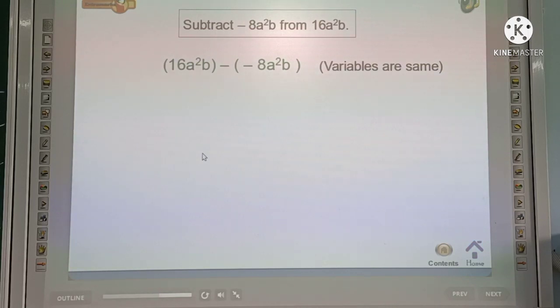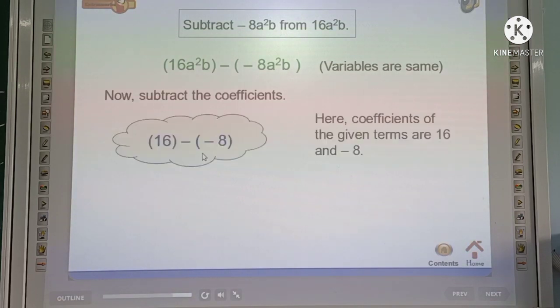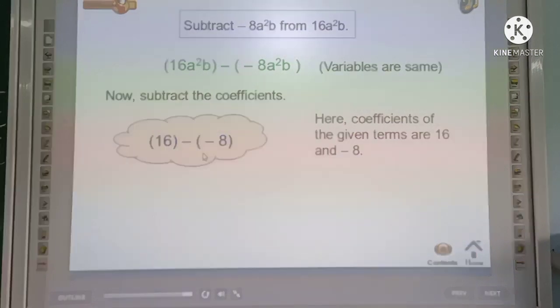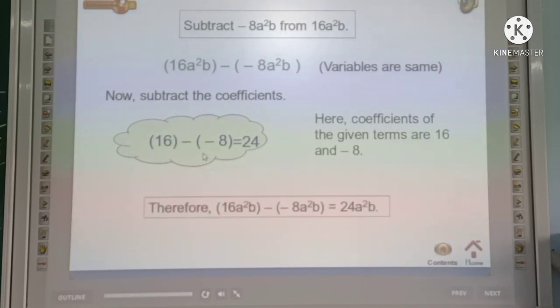Hence, the answer will also have the same like term. Now subtract the coefficients. Here, coefficients of the given terms are 16 and minus 8. Hence, their difference is 24. Therefore, the required difference is 24a squared b.